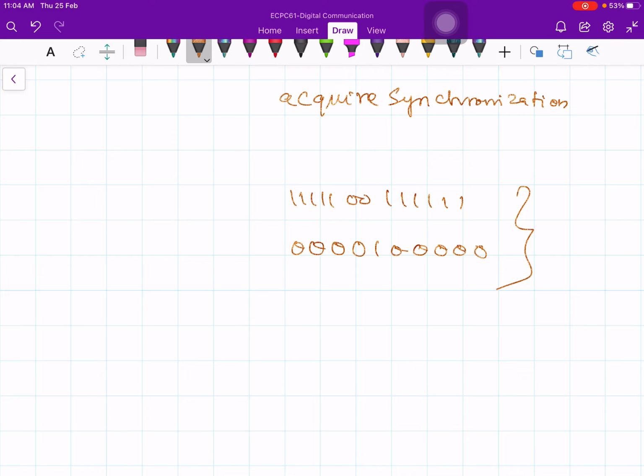Although I did try to mention something about it, we have not yet discussed any synchronization scheme. But the essential fact in any synchronization scheme that is very important in digital communication is that it has to derive its timing information, that is its clock information, from the received data.